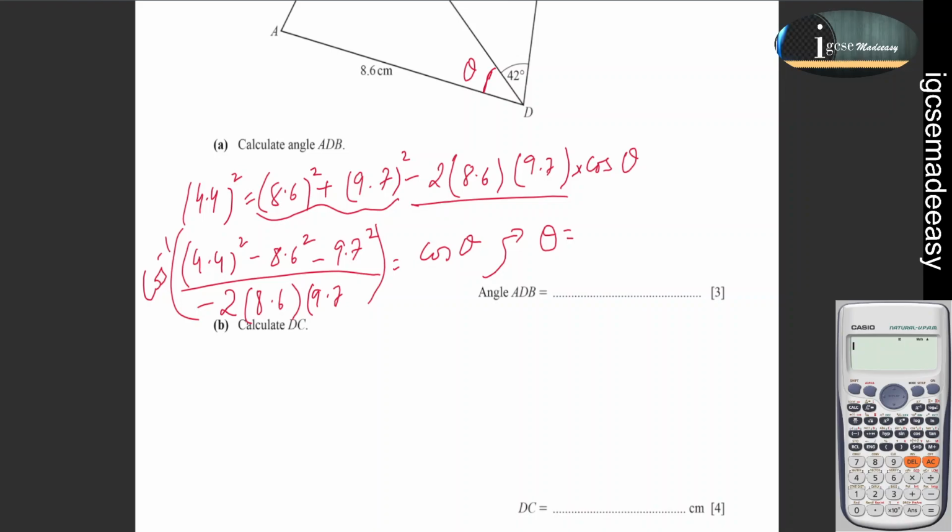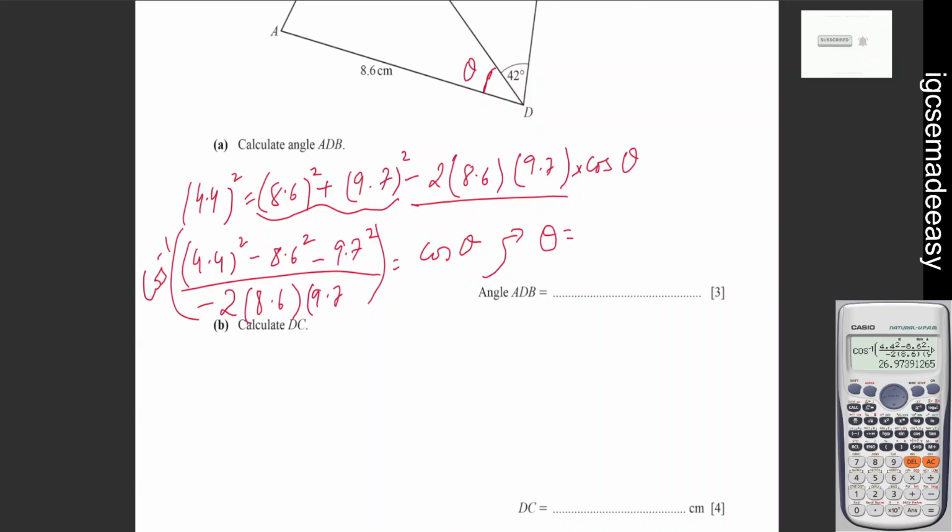Okay, so let's find theta using the calculator. Cos inverse of 4.4 square minus 8.6 square minus 9.7 square, then below minus 2 times 8.6, then 9.7, then over here I should put a bracket, so I'll get the answer 26.9.